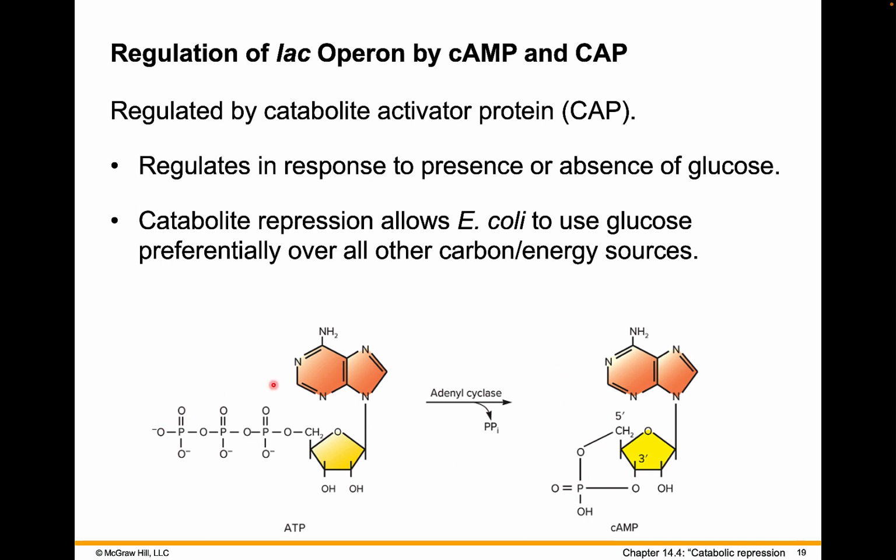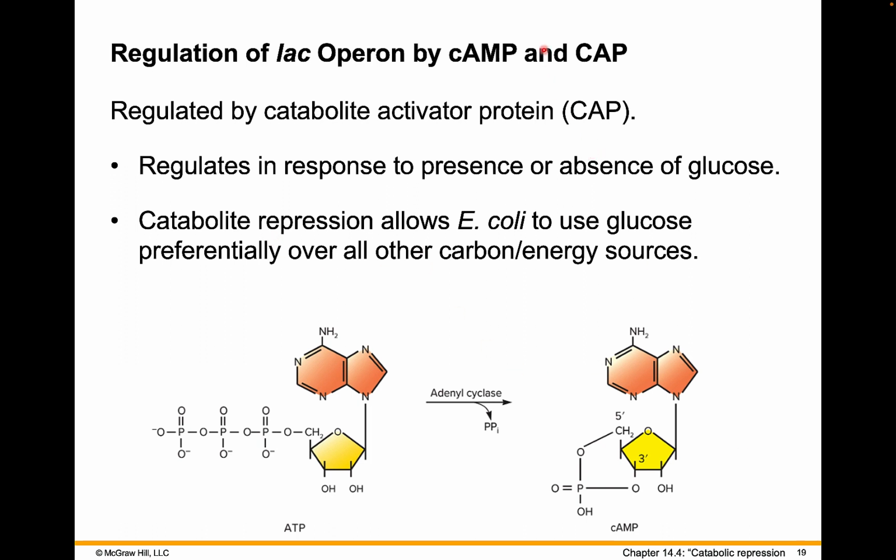Adenylate cyclase removes two phosphates, and you basically have an adenosine monophosphate, but this is not a regular adenosine monophosphate with just a phosphate. This makes the molecule cyclic, where the 5' phosphate is attached to the 3' hydroxyl, and this becomes a cyclic molecule. This is the reason we call this cyclic AMP, cyclic adenosine monophosphate. This is a powerful signaling molecule.